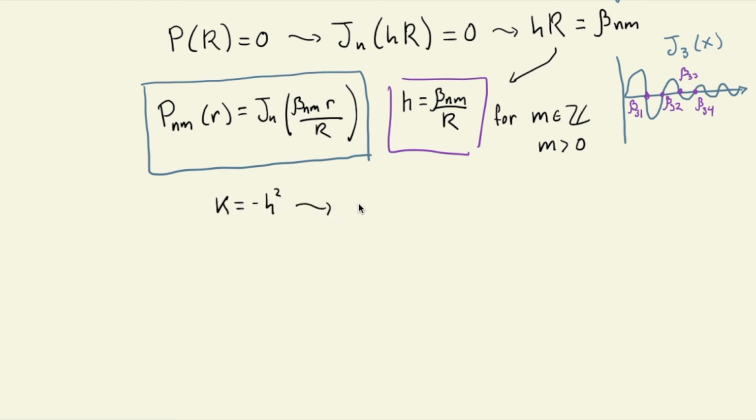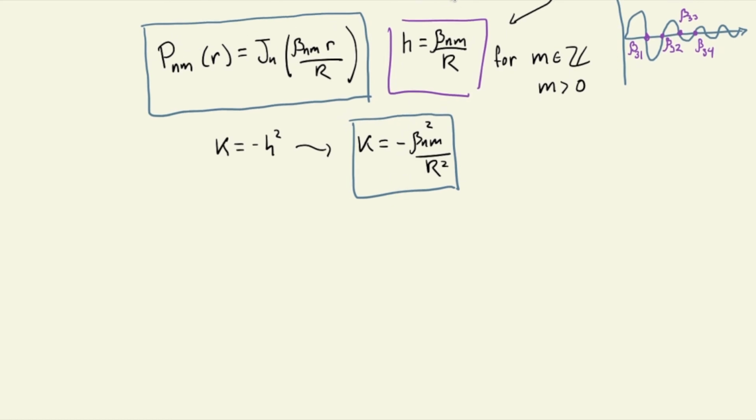So we find that k is equal to minus beta n m squared over r squared. Remember I said computing f will restrict the values of k that will give us non-trivial solutions, and this is the restriction, right? K must be one of these numbers for us to get non-trivial solutions.